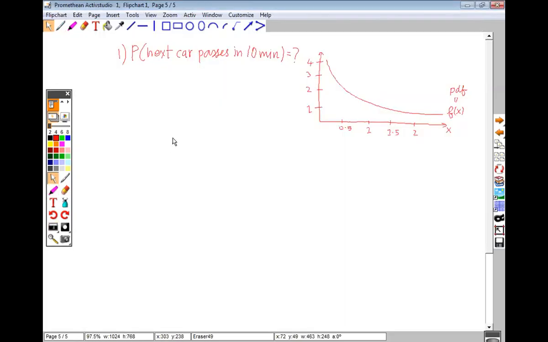I'm looking for the probability that the next car will pass in 10 minutes. Anyone? You cannot clearly say, right? You need me to define what lambda is.